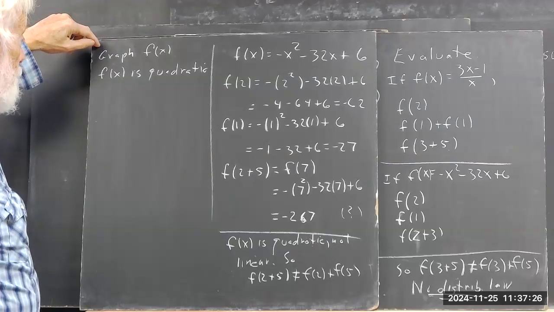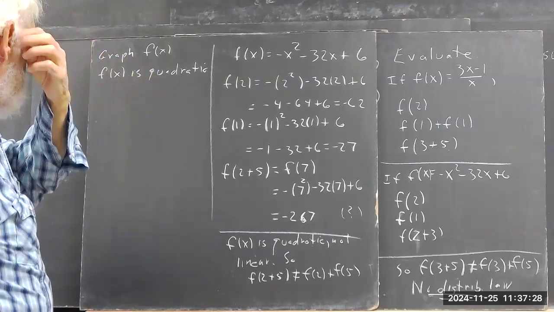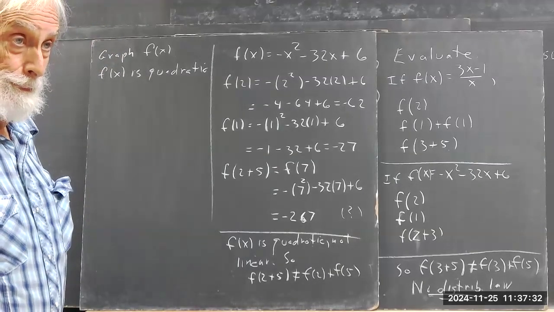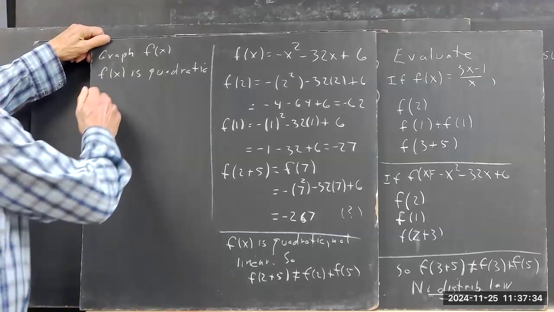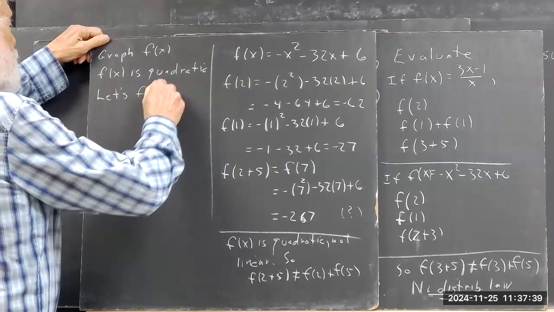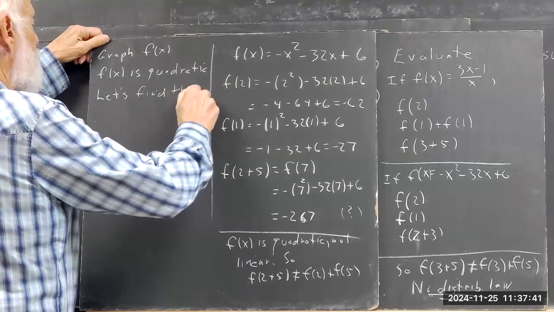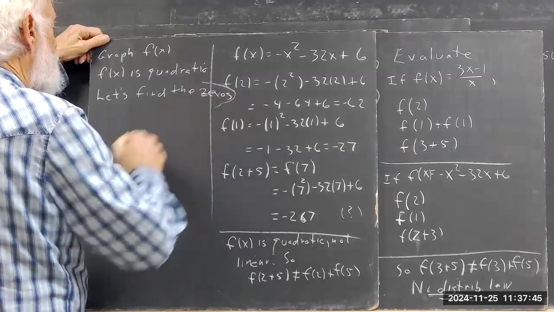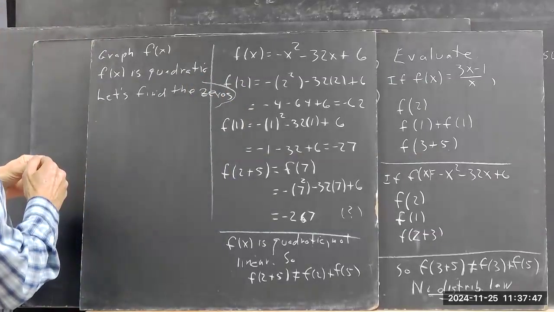So anyhow, you graph f of x. F of x is quadratic. So let's see what the quadratic formula tells us. Let's find the zeros.